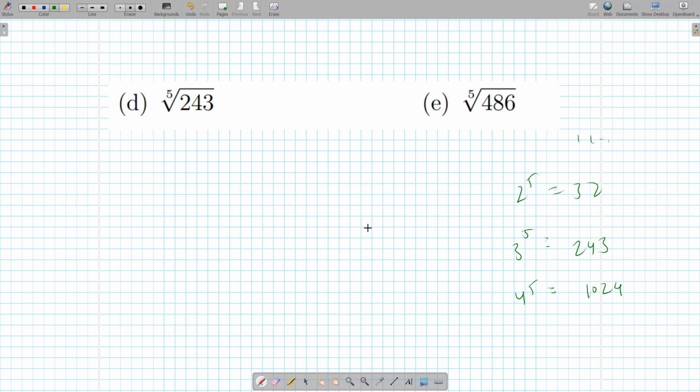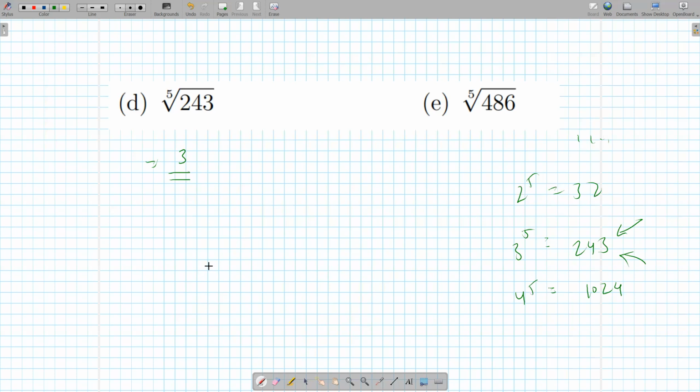Now look at this. What's the fifth root of 243? Look at this number. It's simply a 3, okay?